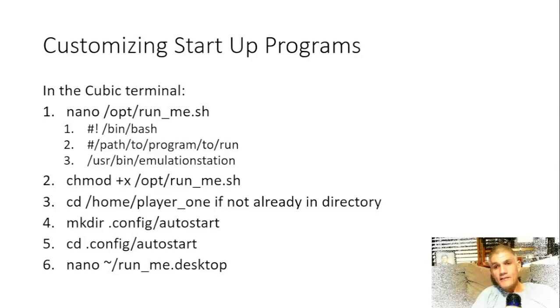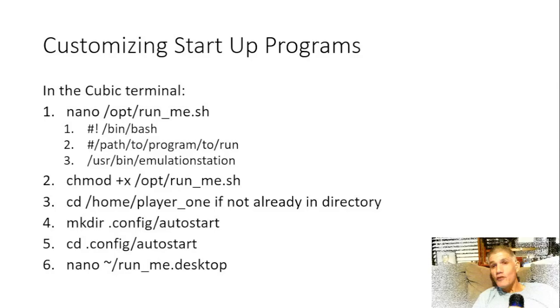And then we're going to give our shell script executable permission by all users by running chmod +s run_me.sh. And then we're going to change into player_1's home directory if we're not there already by typing cd /home/player_1 and hitting enter.